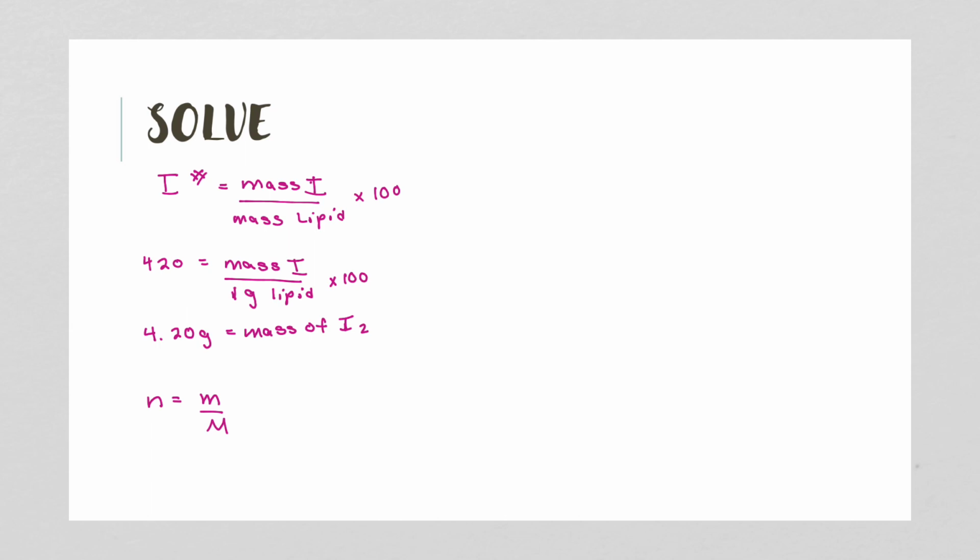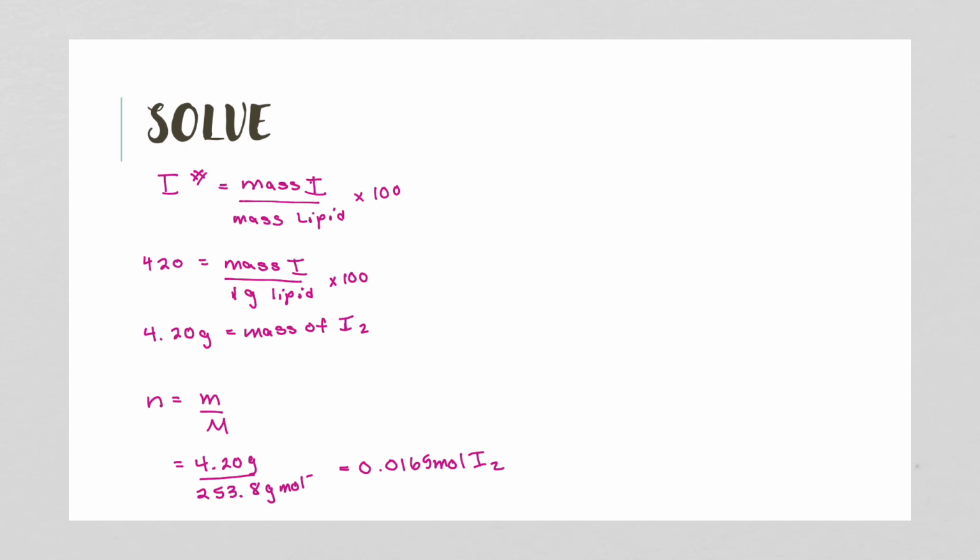So we have 4.20 grams of iodine divided by 253.8 grams per mole. That's going to give us 0.0165 moles of iodine. So we're going back to our old mole relationships here.